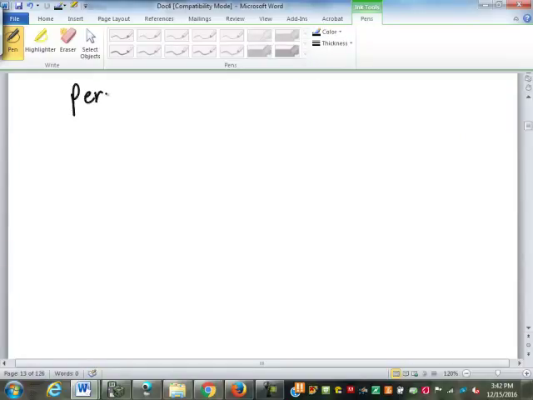I want to talk about percentiles. So to talk about percentiles, I need a list of numbers again. I'm going to put these numbers in order from smallest to largest as I make them. If they're not in order from smallest to largest, that would be the first step in doing anything with percentiles.